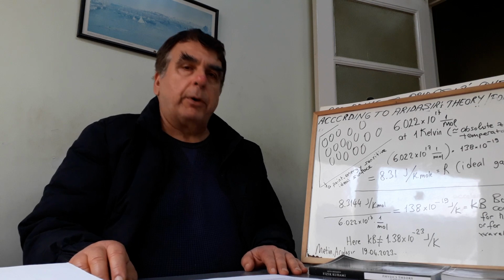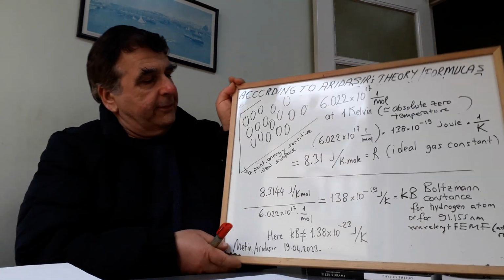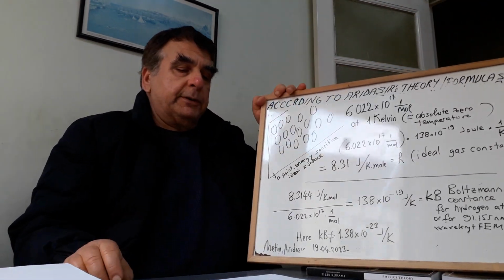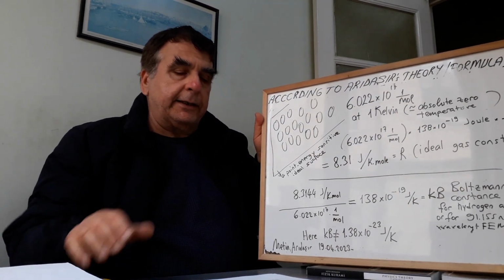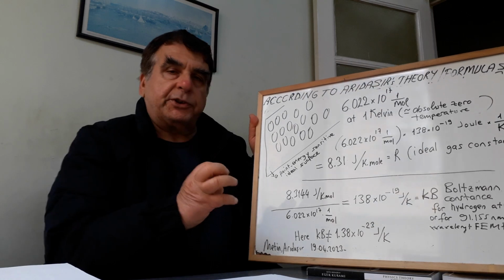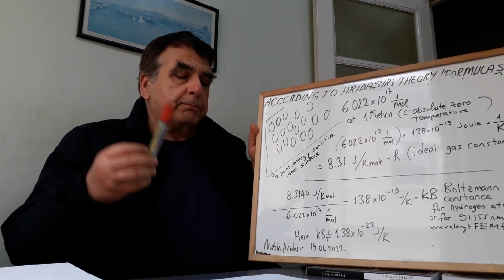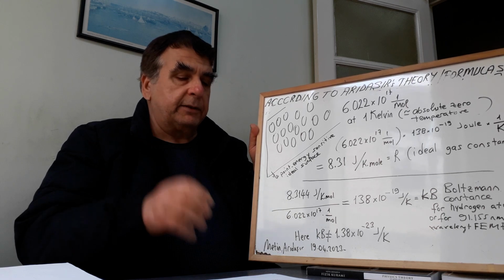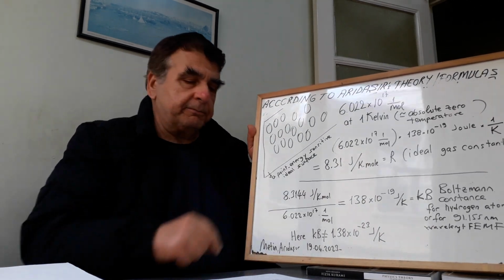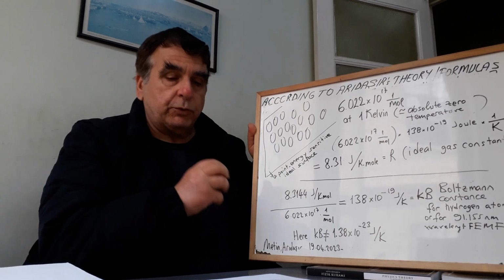If you bring 6.022 10 to the 17 at rest single hydrogen atoms side by side without touching each other, that means they are completely at rest, each one.